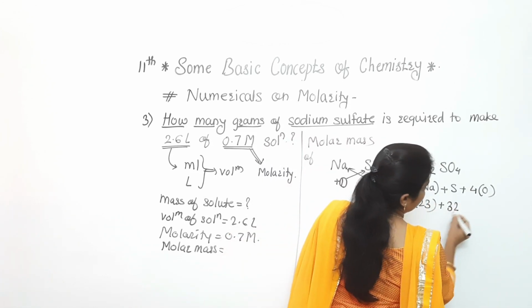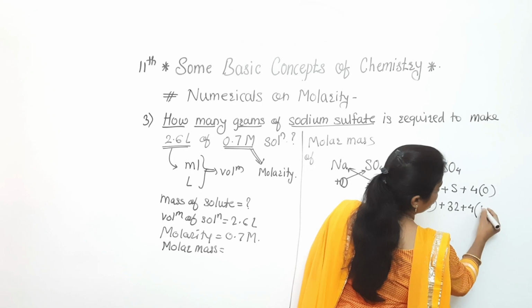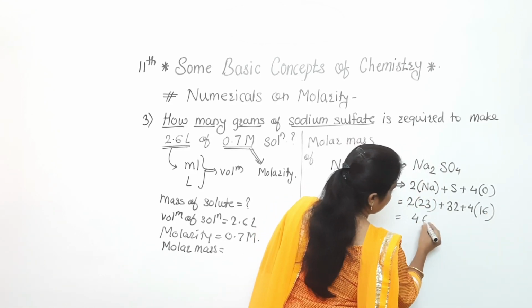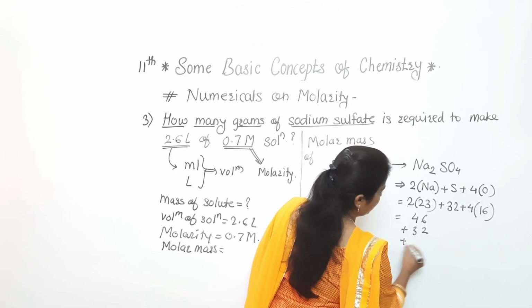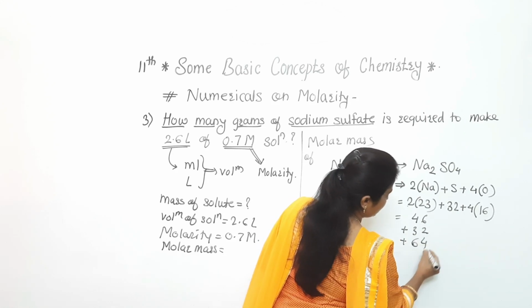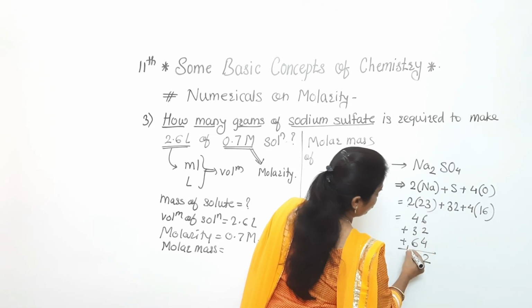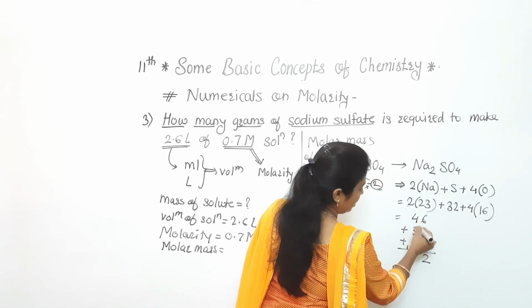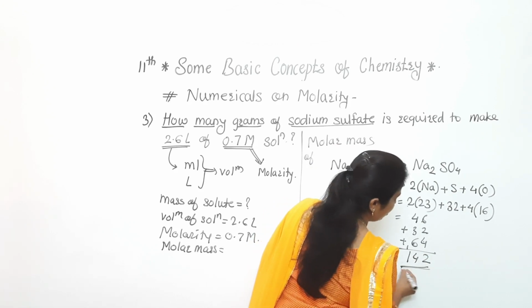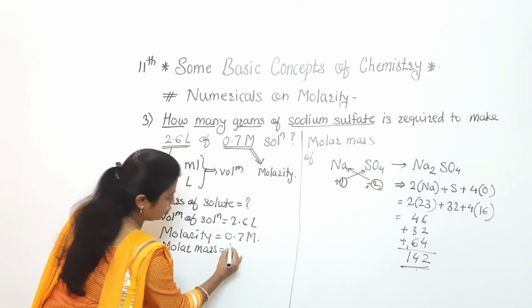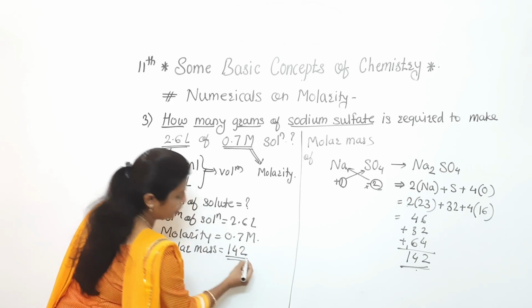For sulfur it is 32 plus 4 into oxygen, it is 16. So 23 twos are 46 plus 32 plus 16 fours are 64. So adding up, means here the molar mass of sodium sulfate is 142. So here we are writing that 142.